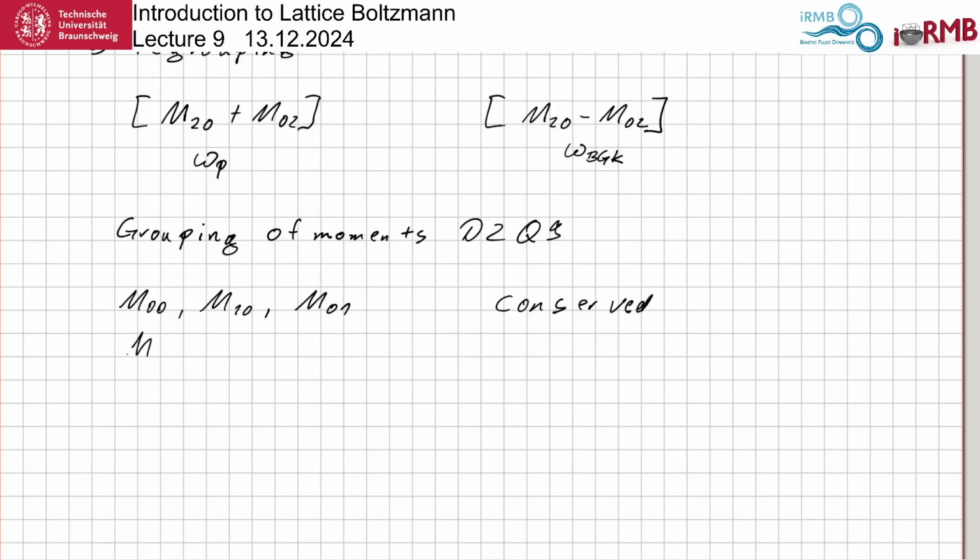Then we have M11 and we have M20 minus M02. These are the so-called non-conserved hydrodynamic moments. So these get relaxed with omega BGK. Yeah, but they would be the usual ones.